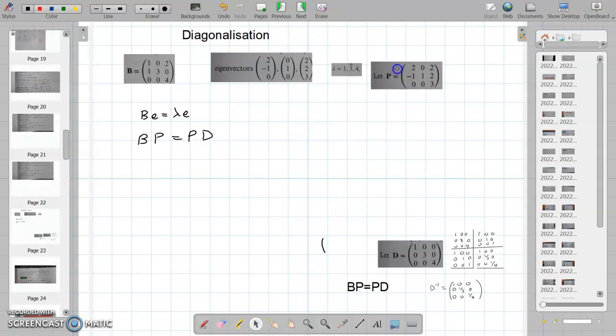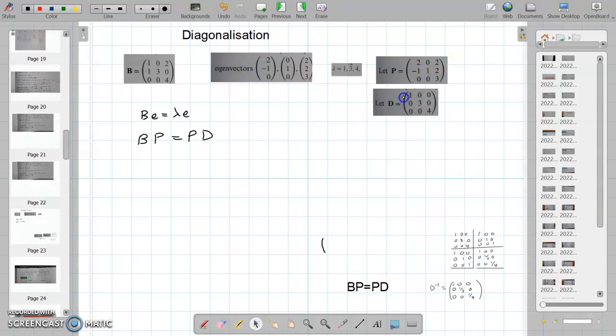And P, well, P are the eigenvectors, the three columns. They make up P. So eigenvector 1, eigenvector 2, eigenvector 3. And D are the eigenvalues 1, 3, 4, on the leading diagonal.